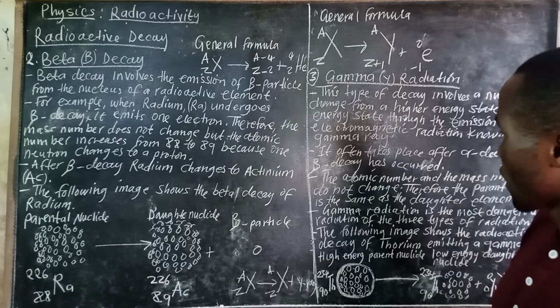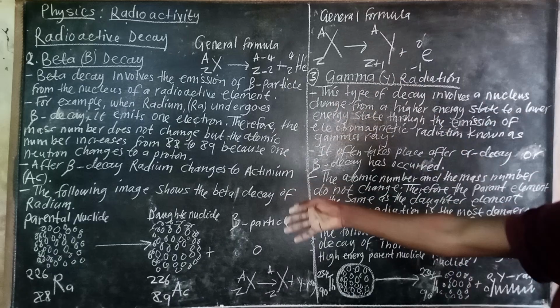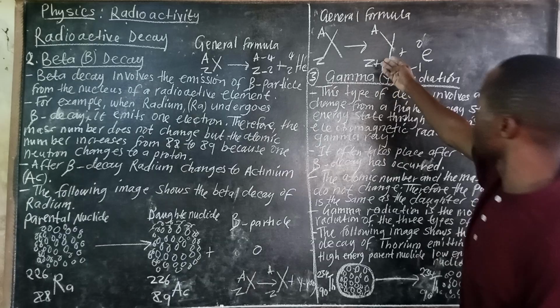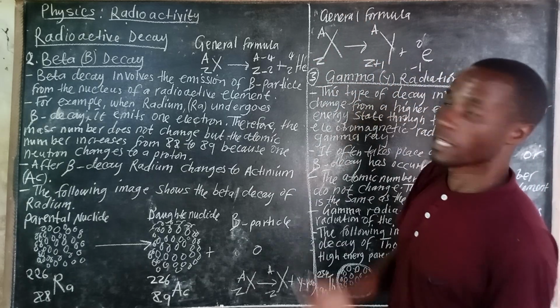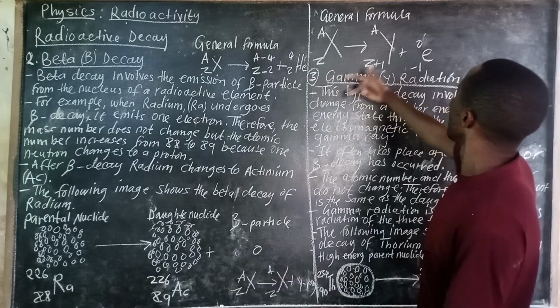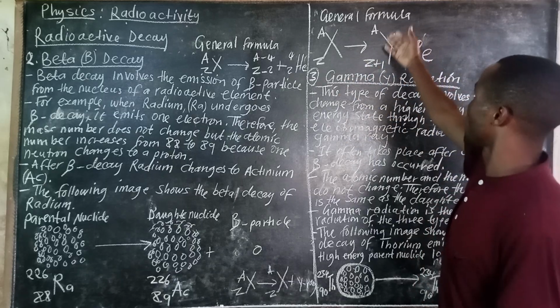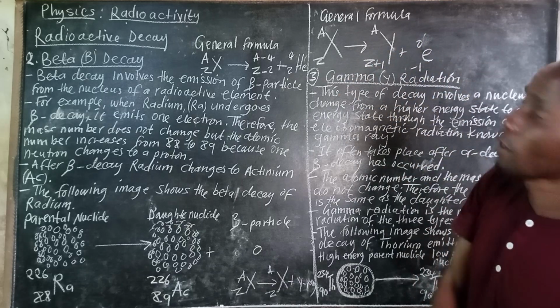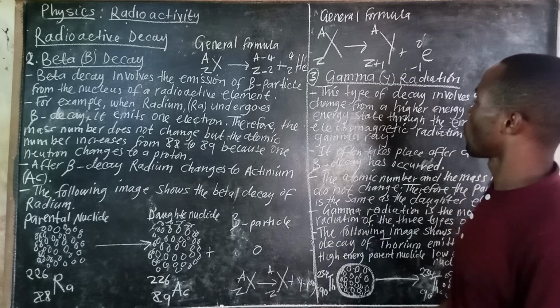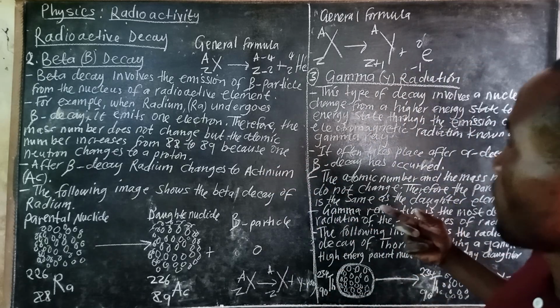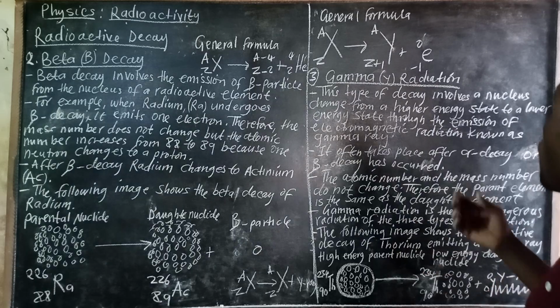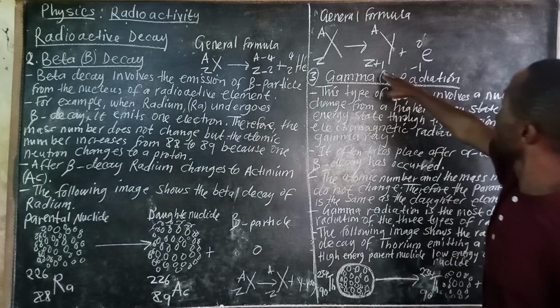The general formula is also given here, with A representing the mass number and Z the atomic number. A stays the same, but for the atomic number, 1 is added, because one neutron changes to a proton.